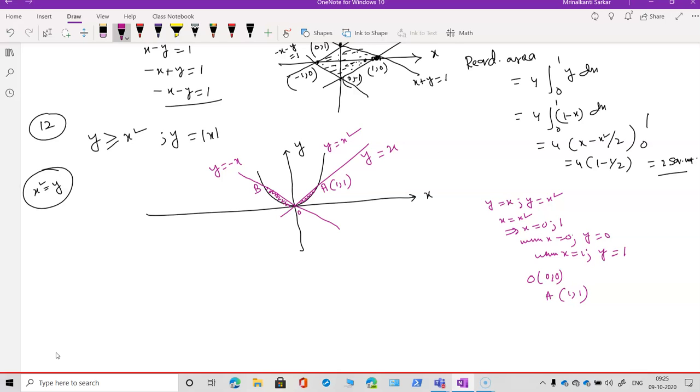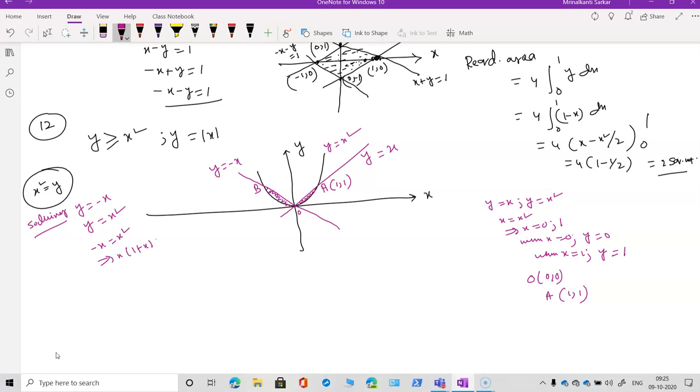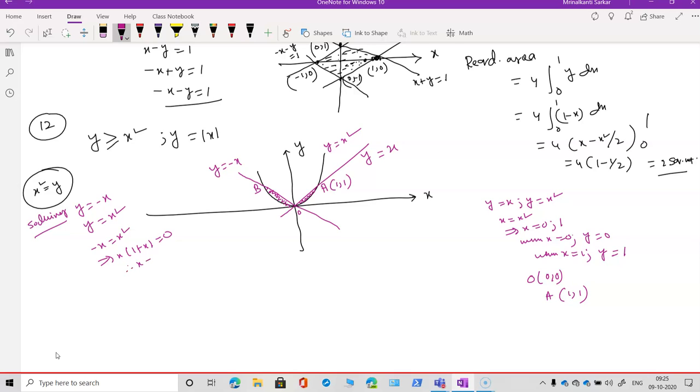In the same manner, when you solve y equal to minus x and y equal to x square, we have x into 1 plus x equal to 0, and when x is minus 1, y is 1. So this point is going to be minus 1, 1.